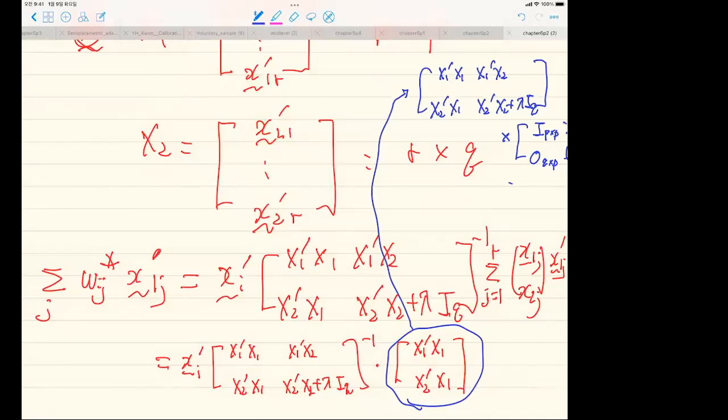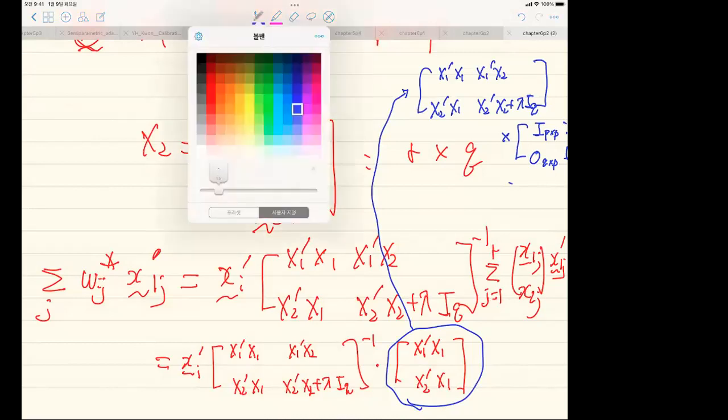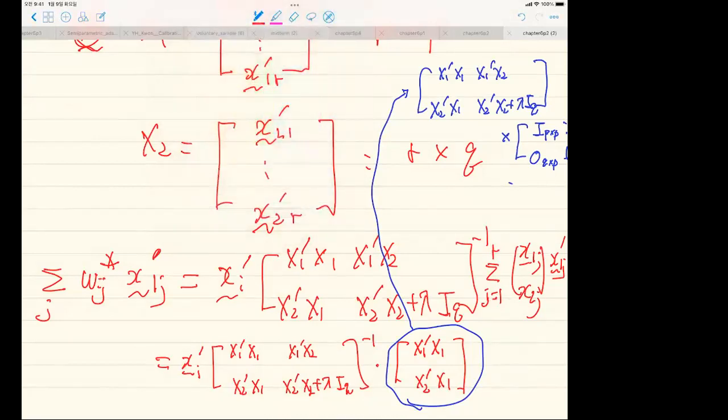Well, now you can cancel this one with this one, and then you can greatly simplify, because the whole matrix is cancelled. And then the only thing left is this one, which is applied to here, so that you actually obtain x1i.